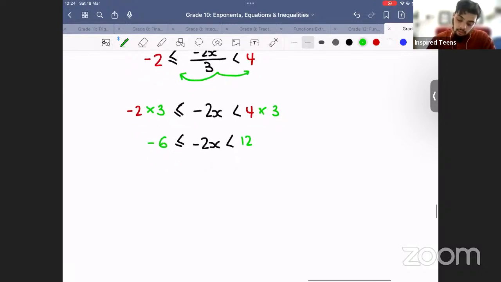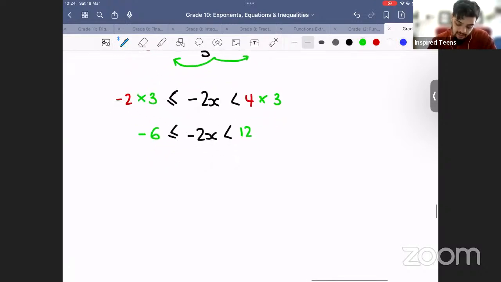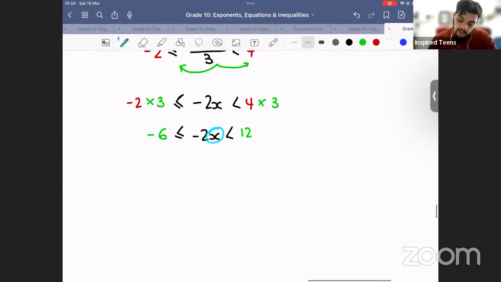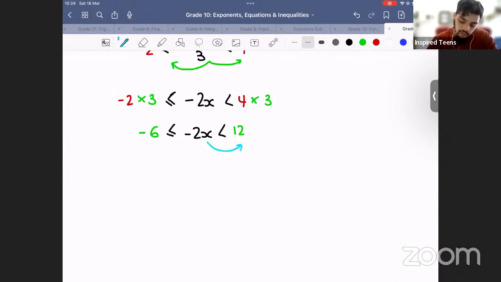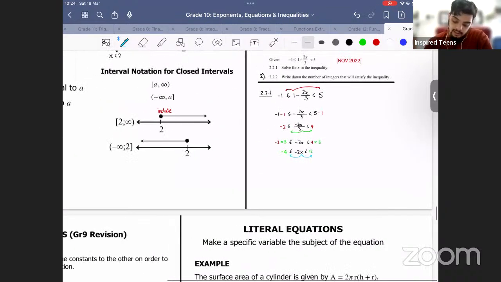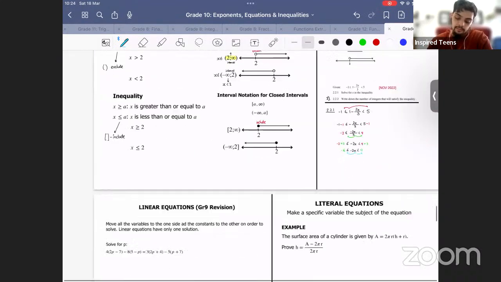Now, what's the last thing that's attached to the x? That would be the negative 2. So essentially, I need to take the negative 2 over to each side. Because it's negative 2 times x, when I take it over to the other side of the inequalities, I would say divided by negative 2. Now, there's one thing that's very important in this section.